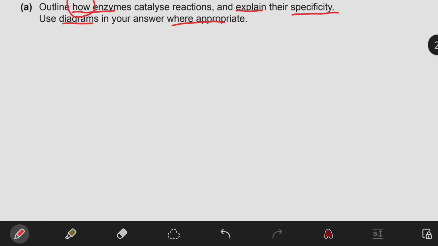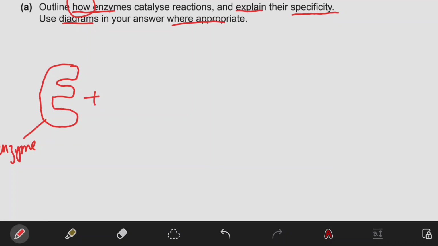For a diagram, you can draw any appropriate diagram, but make sure that it is labeled. This is our enzyme, and then draw the substrate. Make sure the labeling lines are straight.